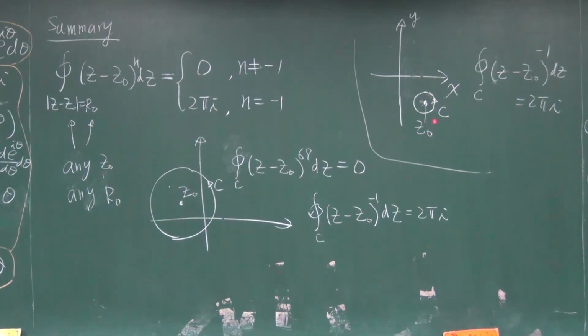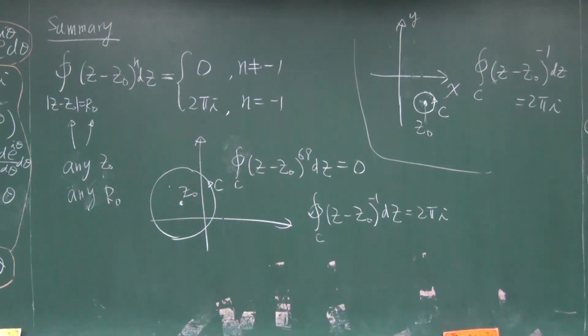For this very small circle, the center is z0 and the radius is very small. If we integrate this term with power -1, we have 2 pi I as the result.